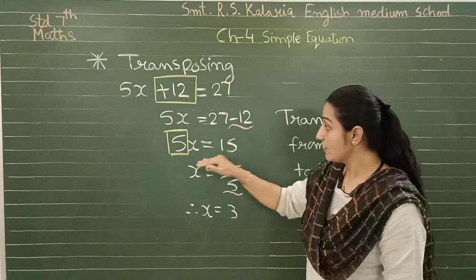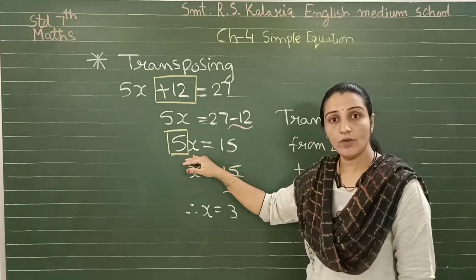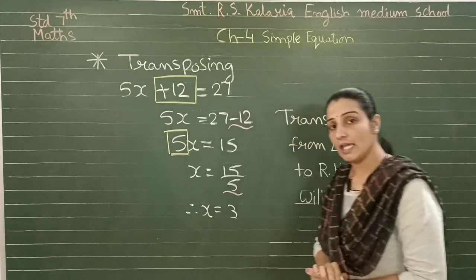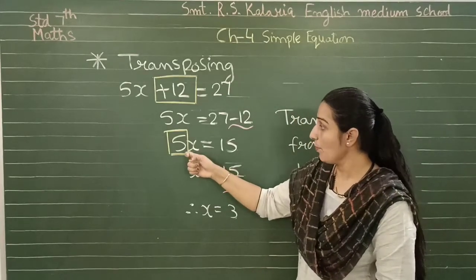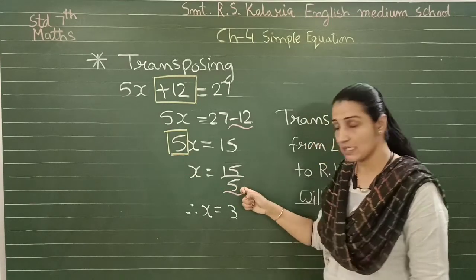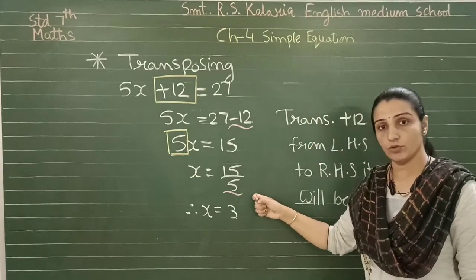Ok, now what is 27 minus 12? 15. Now I just want to find out the value of x. तो उसके साथ एक्स्ट्रा क्या है? 5. तो ये 5 जो लेफ्ट हैंड साइड में मल्टीप्लिकेशन में है, when it goes to the right hand side, it will go to the division position.